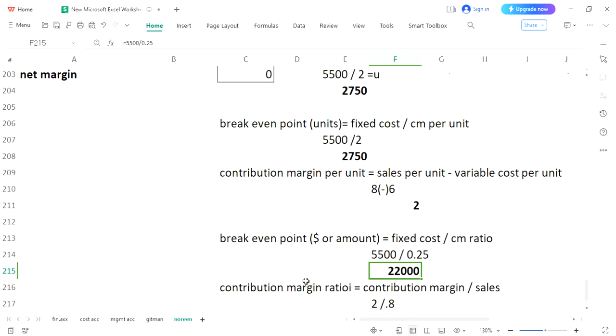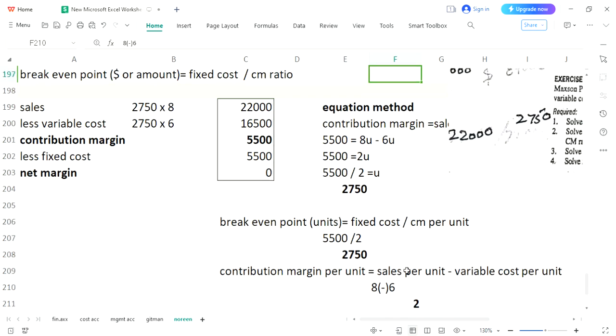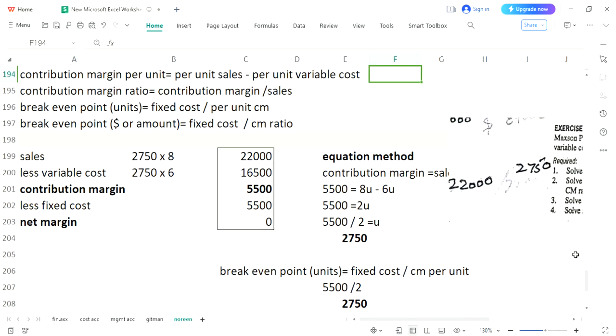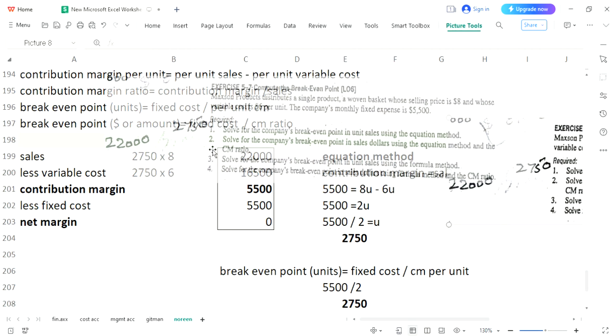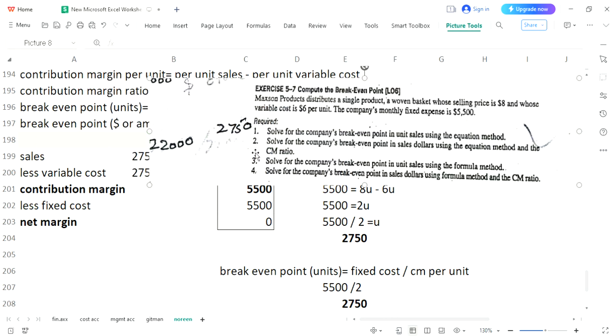So there are four answers which you have calculated: 2750 and 22,000 by equation method, and 2750 and 22,000 through formula method. The same answer has arrived. So it was your question number 5.4, where you have completed all the requirements of the question.